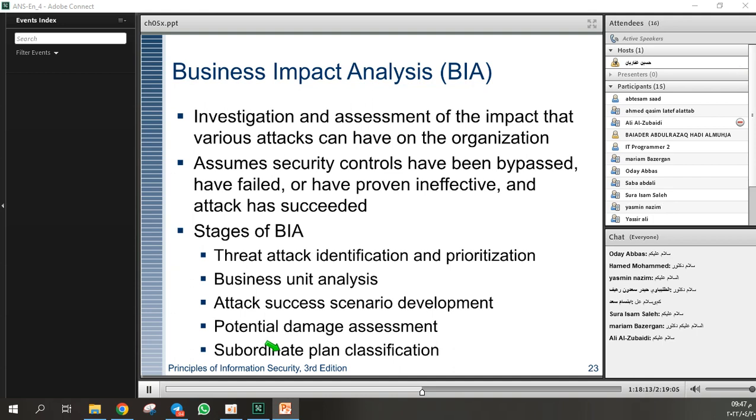Over time, my company would be affected by different types of attacks. But I know that. But what is the impact of those attacks on my business?